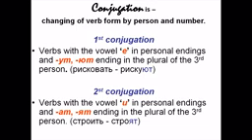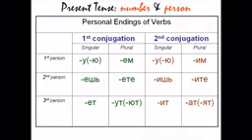Рисковать, рискуют. The second conjugation has vowel и in personal endings and ат, ят endings in the plural of the third person. Строить, строят.